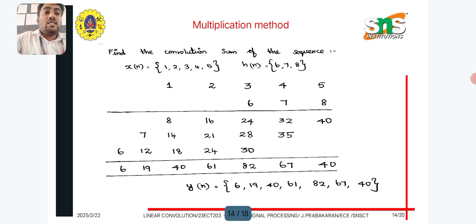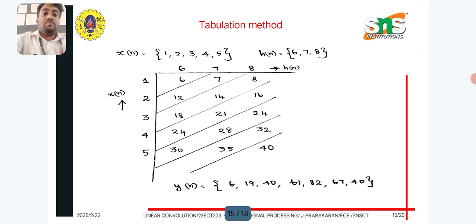Here you can see the three rows, each multiplied with all 5 elements of x of n. This is the procedure for the multiplication method. Likewise, finally we get y of n equal to 6, 19, 40, 61, 82, 67, 40 for the given values.